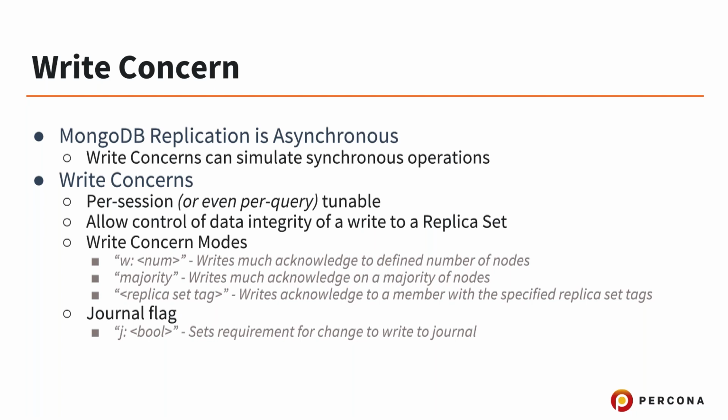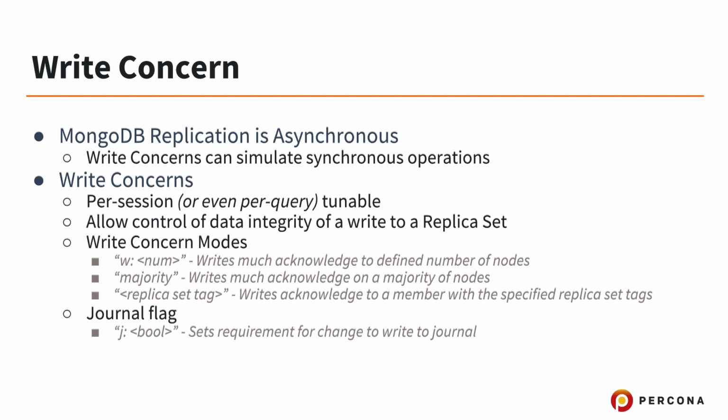How you do this is using the write concern part of your driver. Each driver will do it a bit differently, but with write concern, you can specify either the number of nodes to acknowledge or a majority, which is usually what most applications will want, which is just half the nodes plus 1.